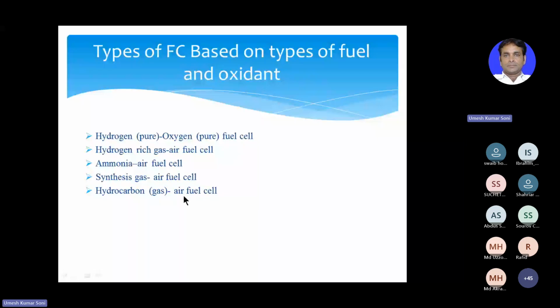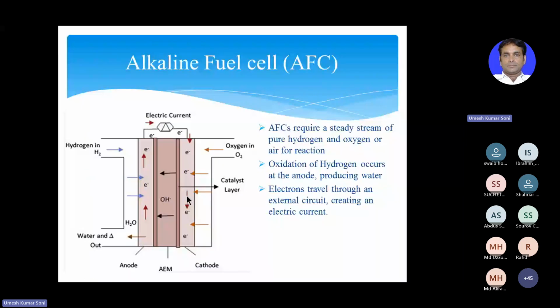Now we see the alkaline type of fuel cell, AFC. Here we have the electric current, and electrons are transferred from here, and the OH minus here, the hydrogen H plus and OH minus. Oxygen is coming inside this and reacting, generating the oxygen ions.